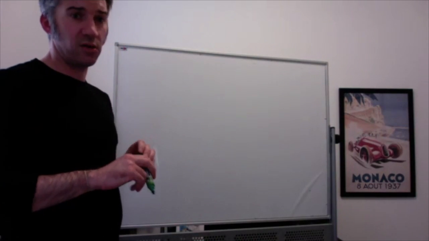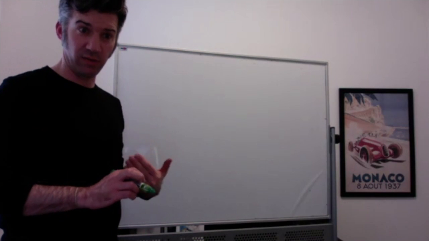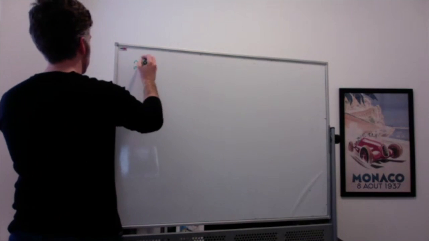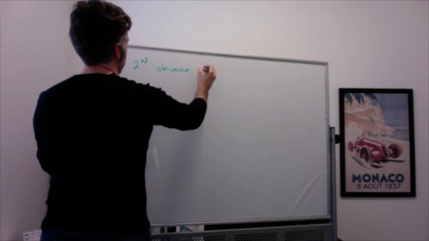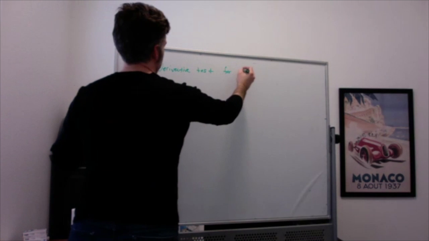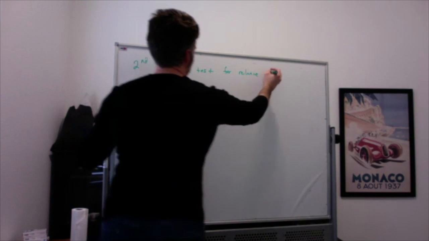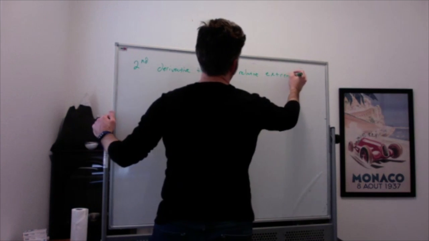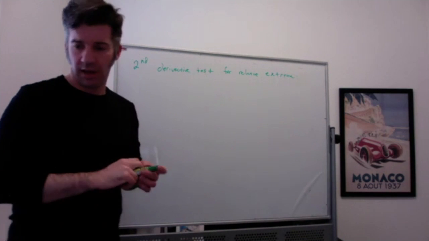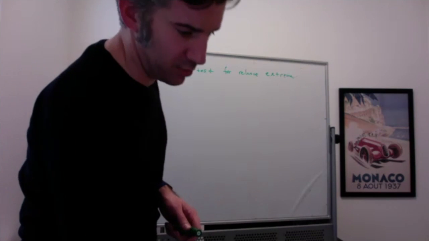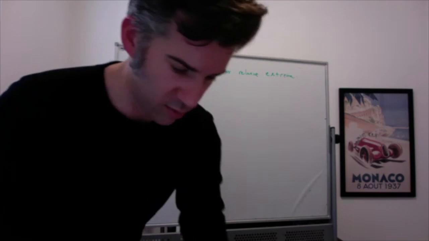So there is this thing called the second derivative test for relative extrema. And instead of saying what the test is, I'm just going to show you, and then we'll come back and say what it is. I'm going to give you 3 separate examples, which are not too bad.